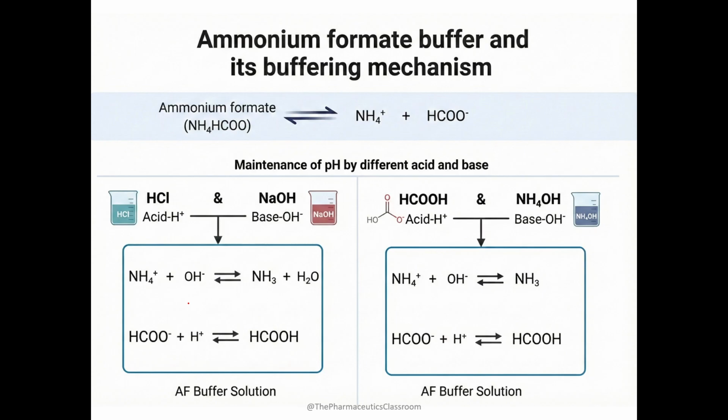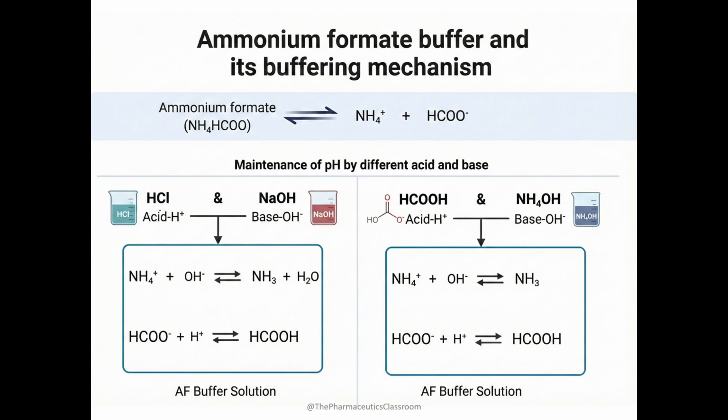As said, the pH will be around 6 to 6.5. But if you want to reduce the pH to 4, by which acid can you reduce the pH? If you reduce the pH by HCl, it will reduce the pH, but the problem is it will reduce the buffering capacity of your buffer.